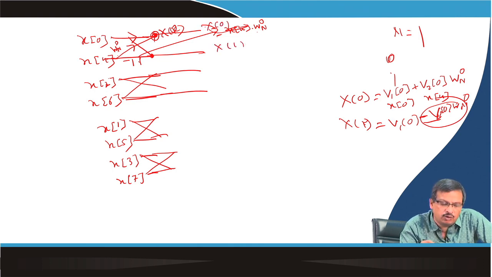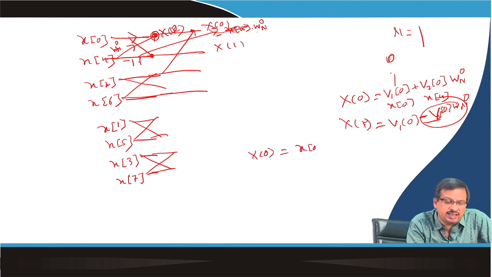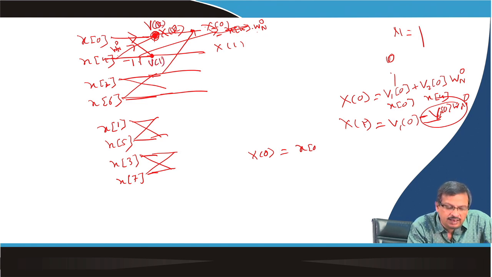If I say x0 is nothing but this one multiplied by this one, so I can say x0 will be x of 0, or I can say this output is, let us say, Vk. So, Vk0, Vk1, and this is also, let us say, Pk0 and Pk1.